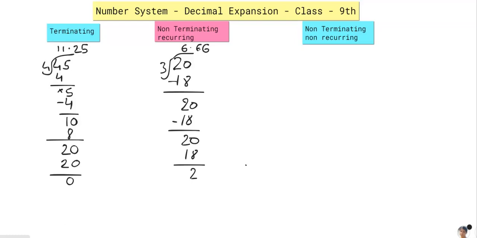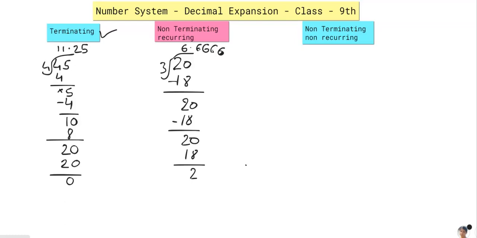Whenever you get a finite number after the decimal point, this decimal expansion is called terminating, and in the division process where you get repeating digits, the number does not end. You get an infinite number, and these digits will be repeating.